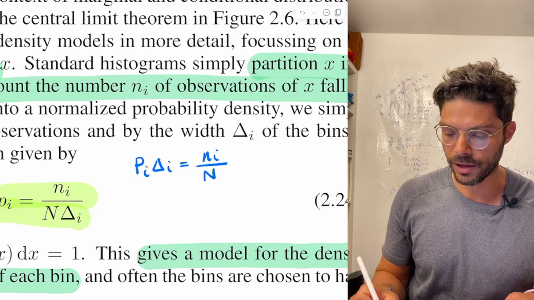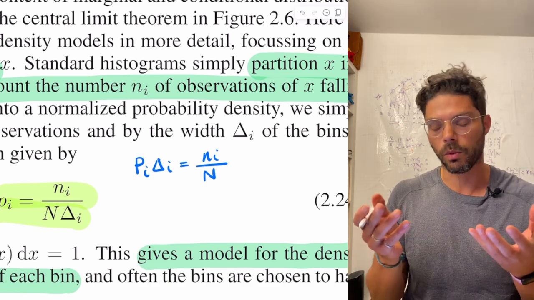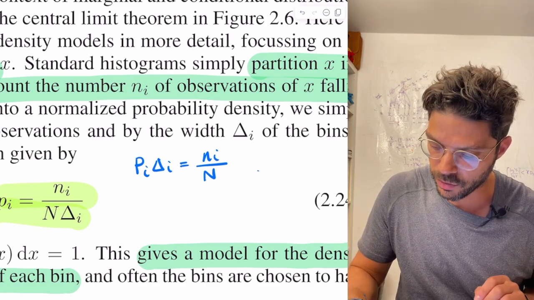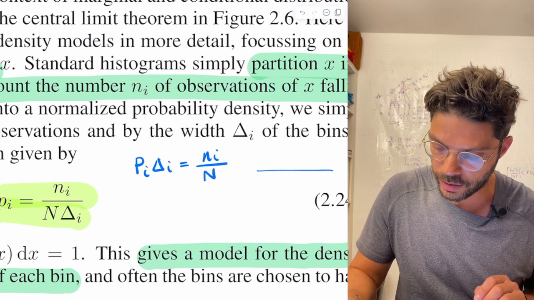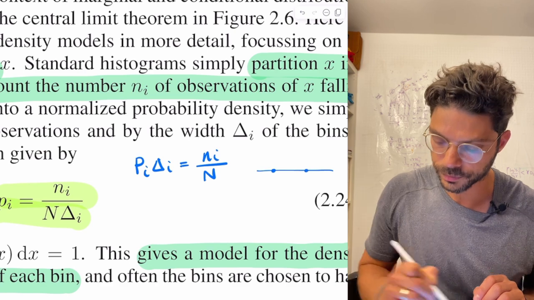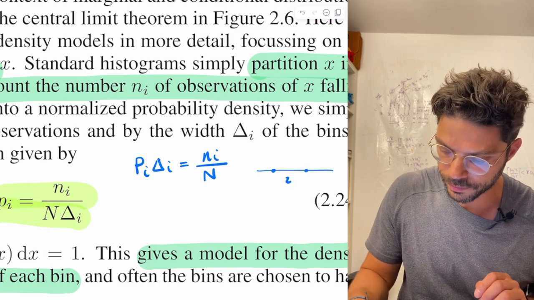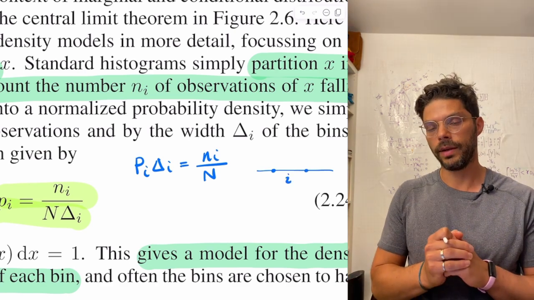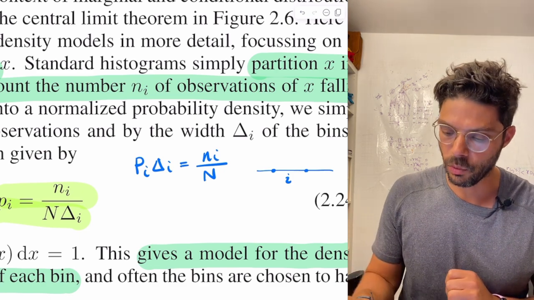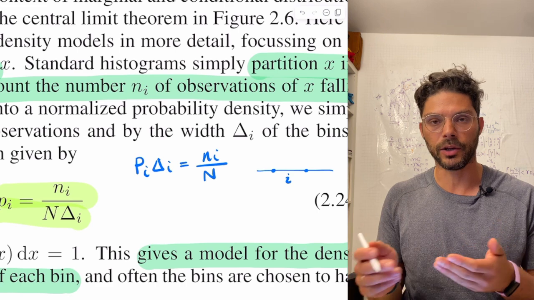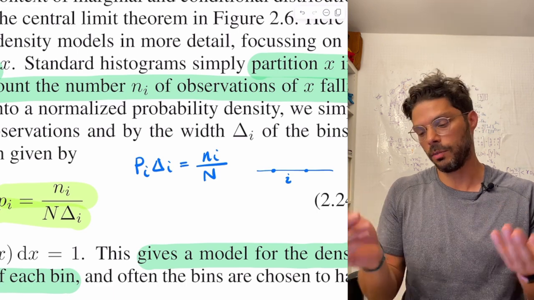Well, you can imagine that, let's say you've got your bin here. I'll just call this region I, right? And now we want to figure out how to assign the probability to it, right?